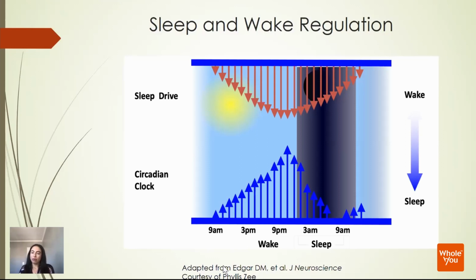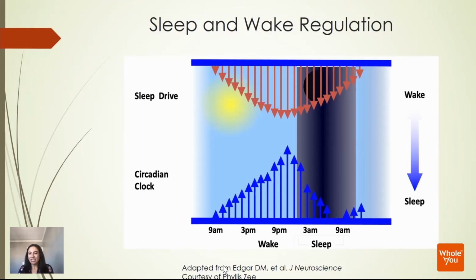Another factor that we want to be thinking about in terms of the sleep processes is the circadian clock, right? It's that little 24-hour clock in our brain where we're functioning on this 24-hour cycle. The last sleep process that we want to also be considering are alerting signals.